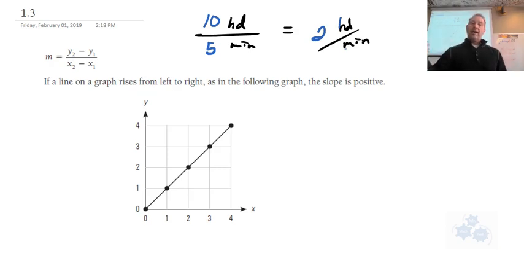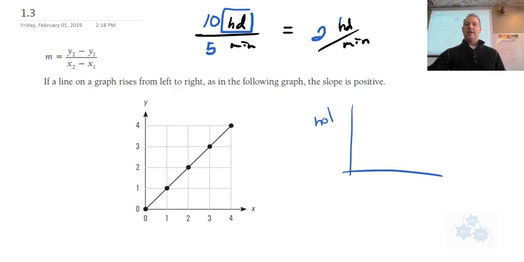We're talking about slope if we're graphing 2 quantities. Again, this is not this example, but let's say this is hot dogs right here. The number of hot dogs, and we've got 5, 10, 15, let's say. And we've got minutes, 5, 10, 15 minutes. So this is time, and 15 hot dogs.